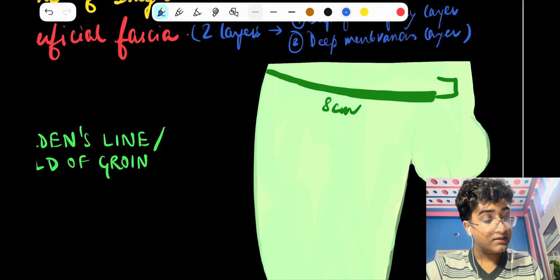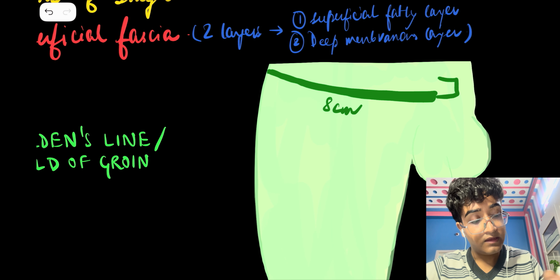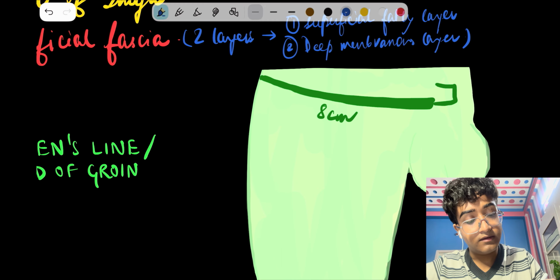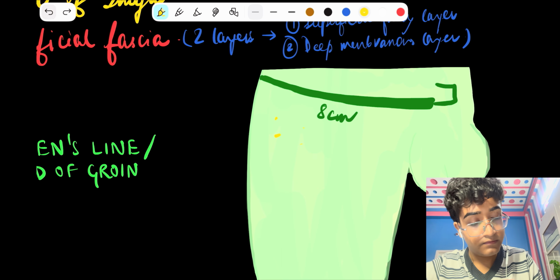The green I have marked here, this green marking, is the deep membranous layer of the superficial fascia of the thigh, and it has fat molecules over it.